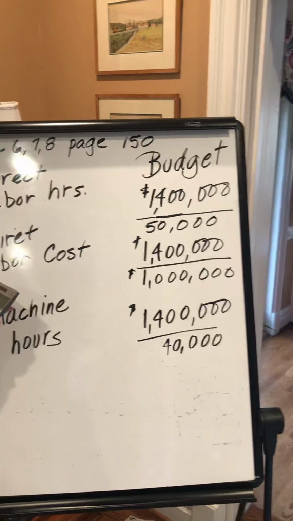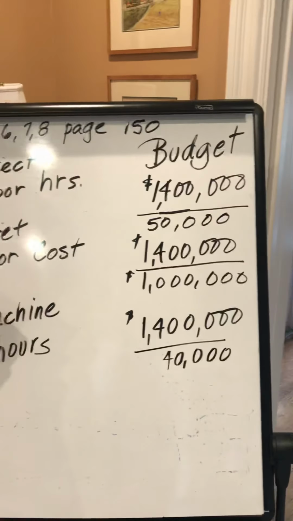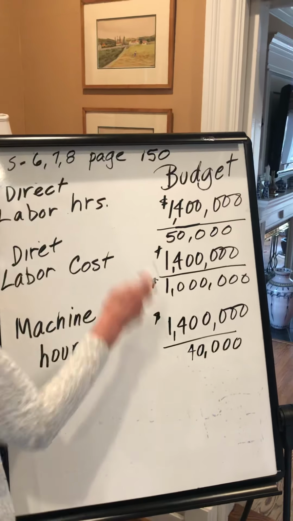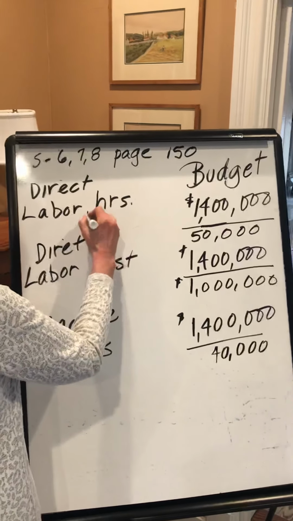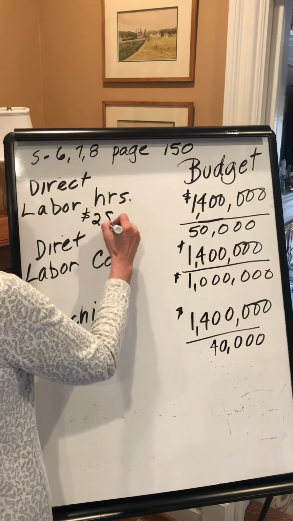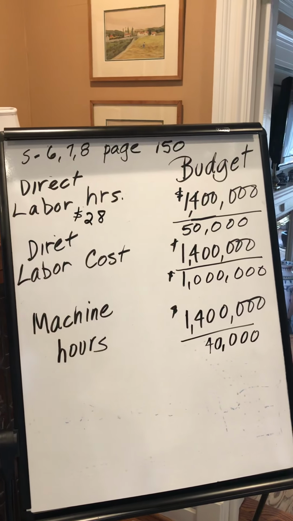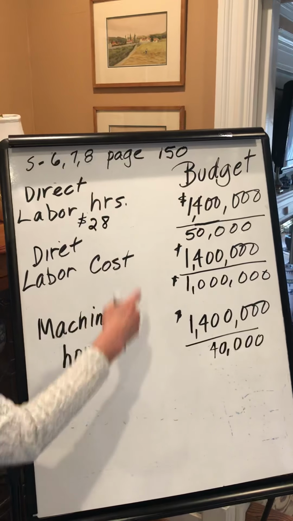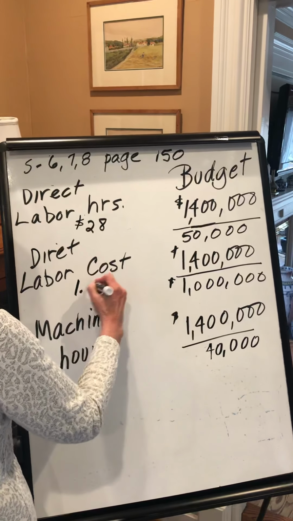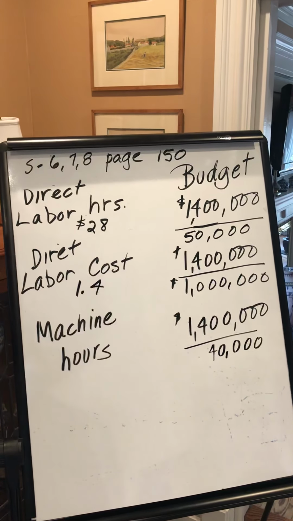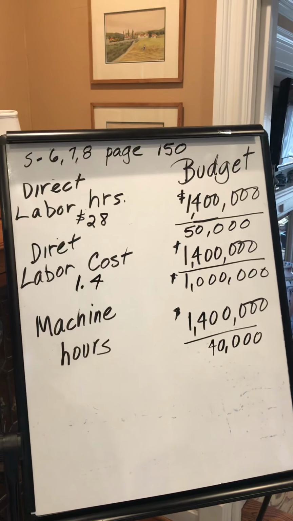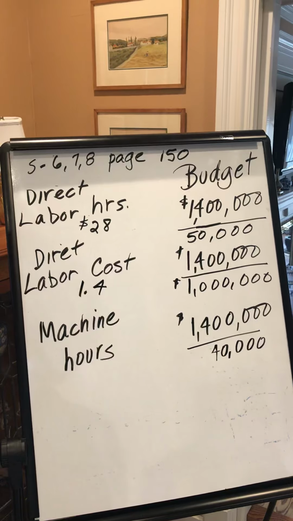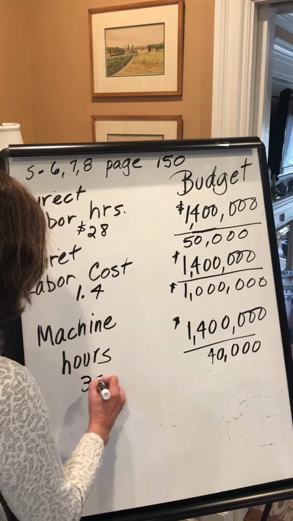So $1,400,000 divided by 50,000 means their cost per direct labor hour, again this is their budget, is $28. If they use direct labor cost, it will be 1.4. If they use machine hours, their cost will be $35 a machine hour.